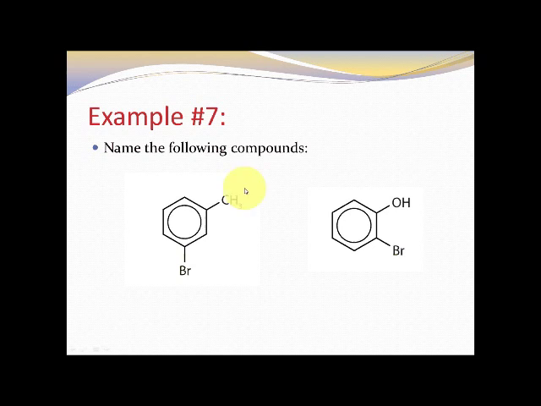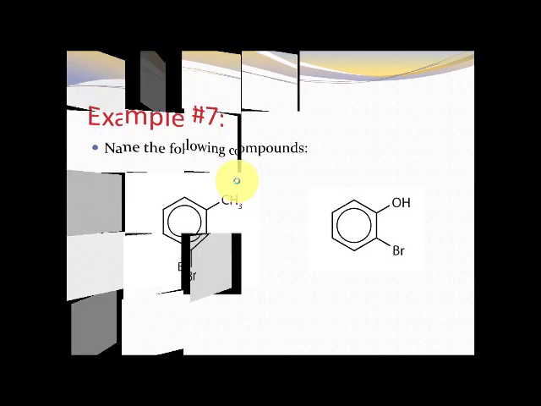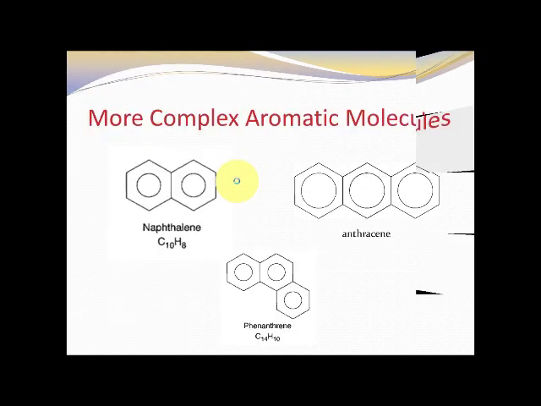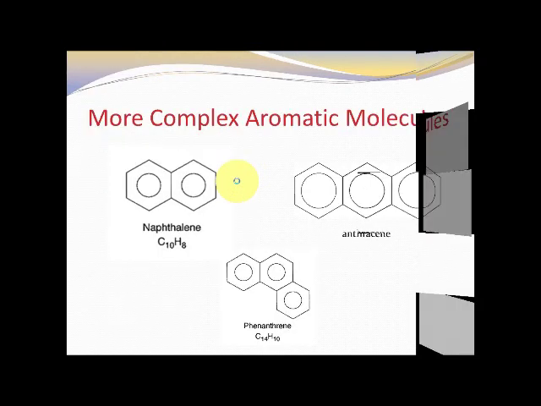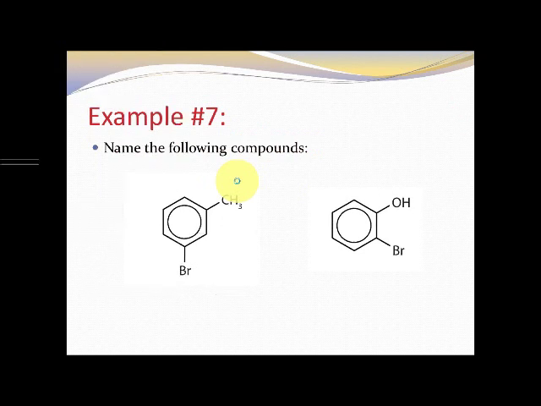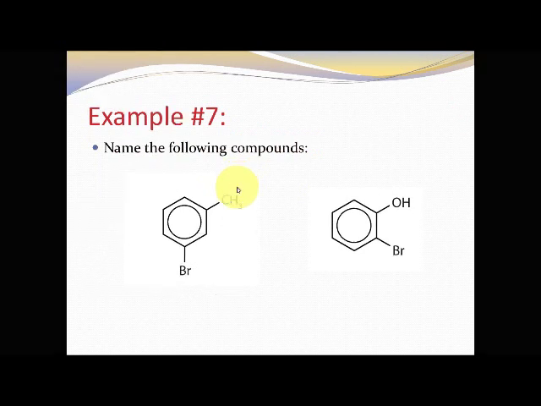So we have two groups coming off the first one. We have a methane or methyl group, and we have a bromo group, bromine.